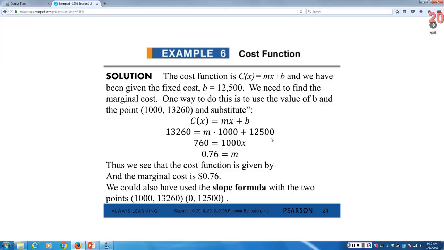So the first thing we want to do is subtract this $12,500 from both sides. And when you subtract 13,260 minus 12,500, you get $760. And that's equal to 1,000 times m. So then you divide both sides by 1,000, and you find out that the marginal cost is just 76 cents.